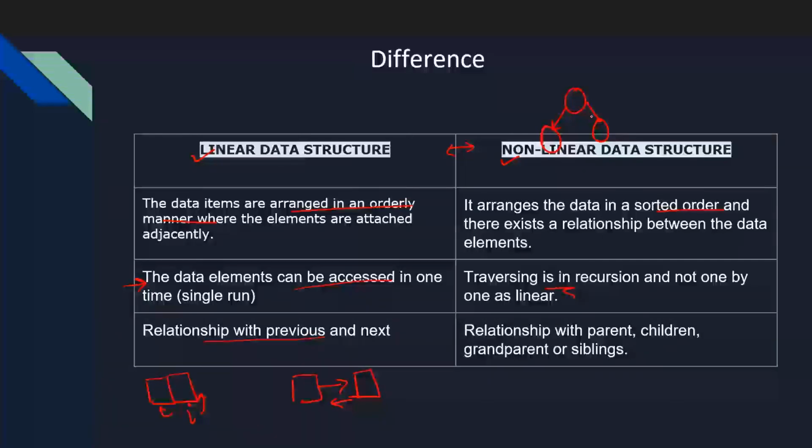Correct? This is the parent and these two nodes are children. In such a way, non-linear data structures are defined. We'll see in detail. It's just a normal formal definition. Okay.